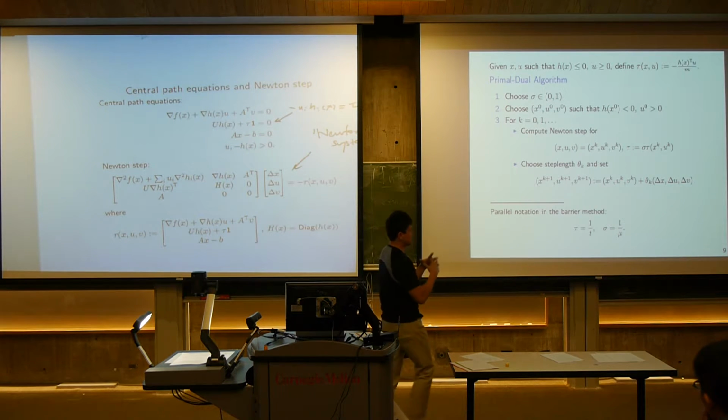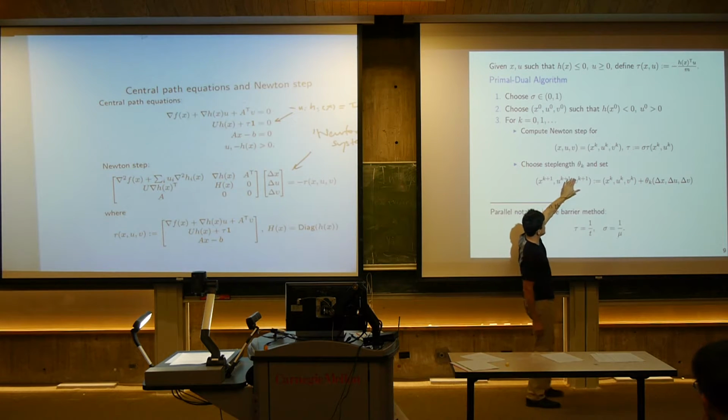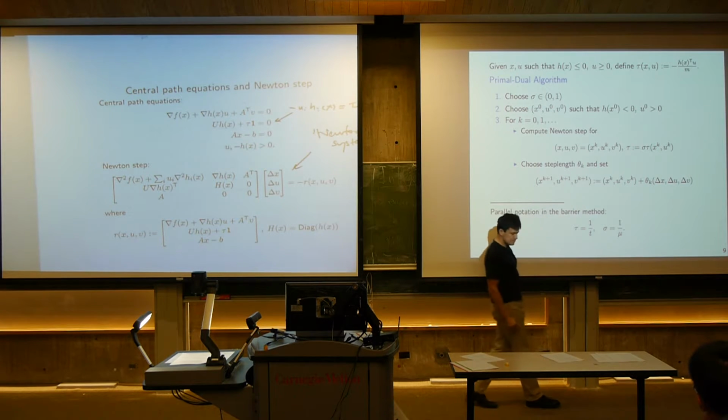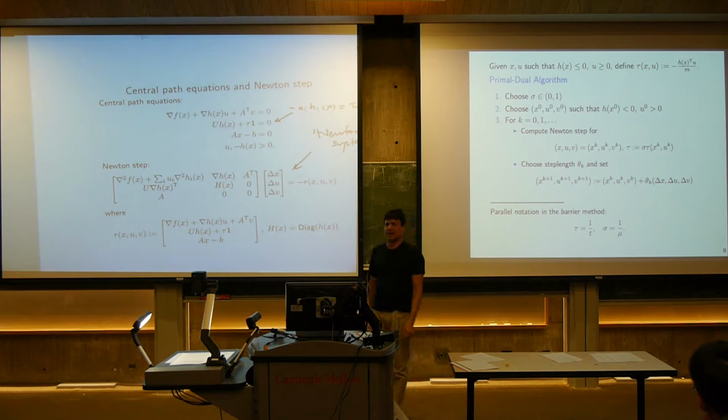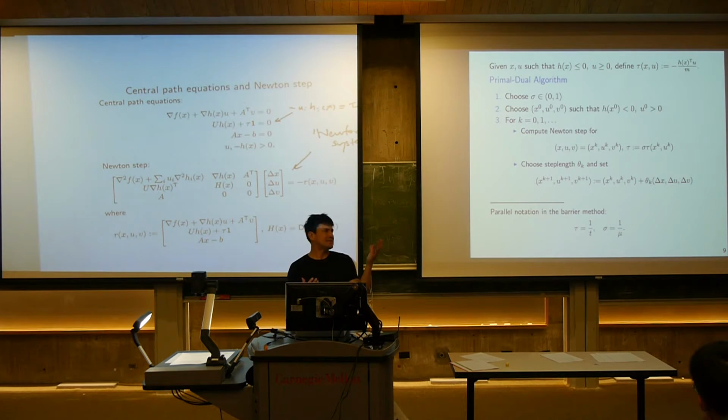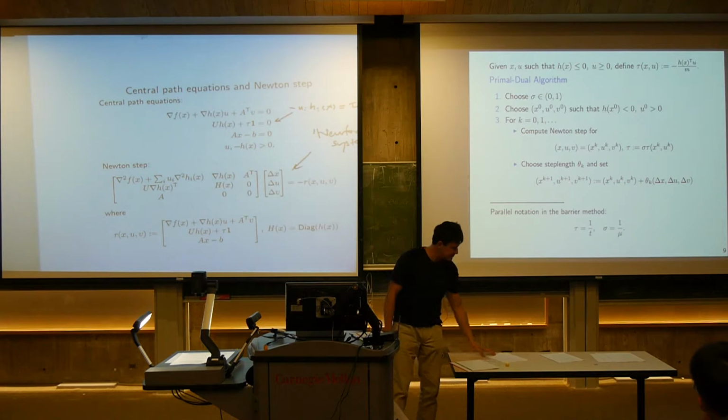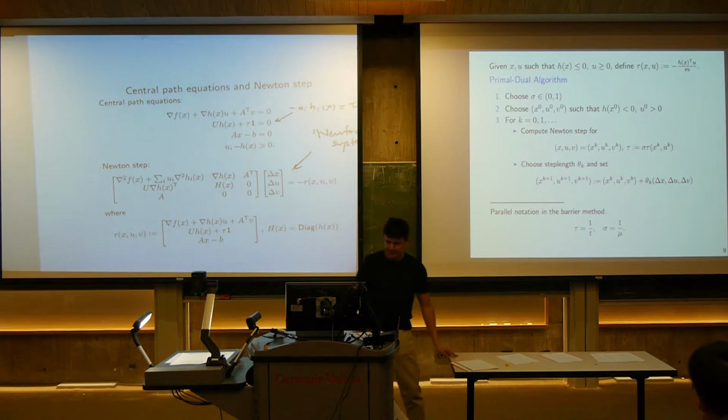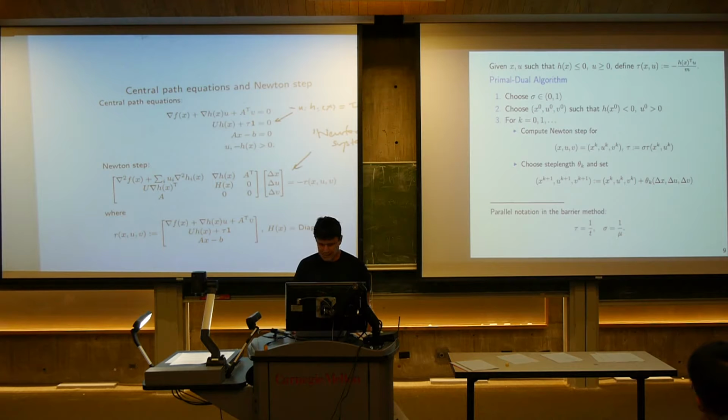The one thing that is still pending, and I'll explain in a moment, is how we choose theta, how we choose the step length. Because essentially if we were to choose a pure Newton's method, it may not have global convergence. So how do we choose theta? Let me explain that now.